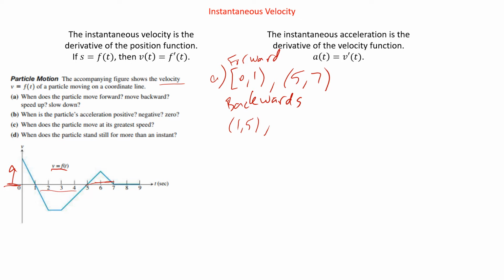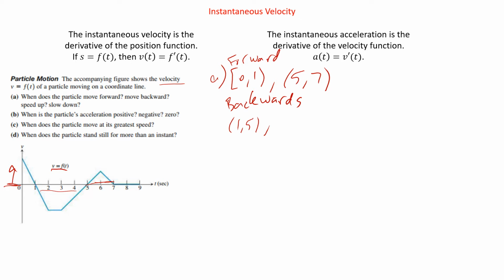If we're moving backwards and the acceleration is negative, that means we're moving backwards even faster. That means we're speeding up. So when do the velocity and acceleration have the same sign? This is kind of a weird place for this question.